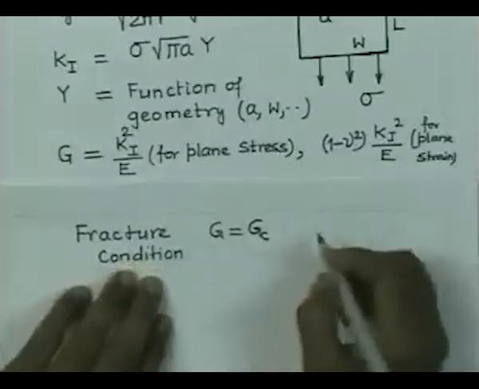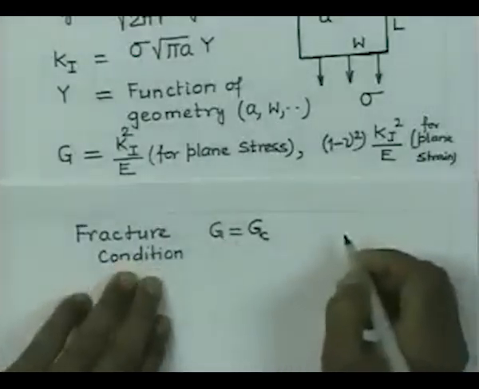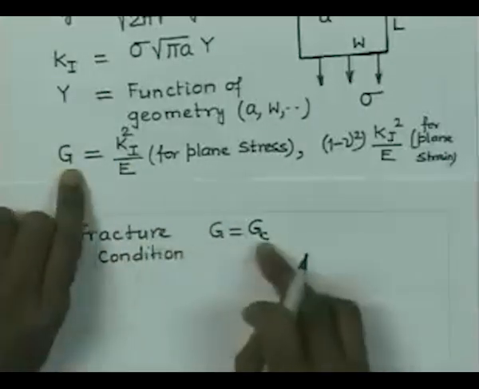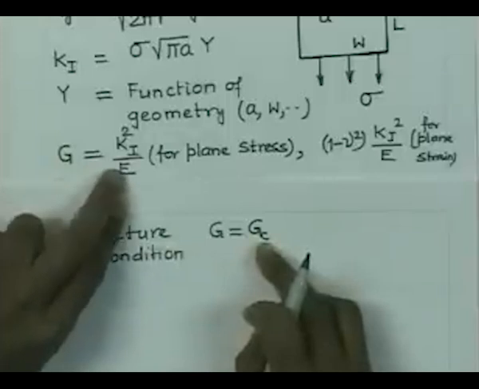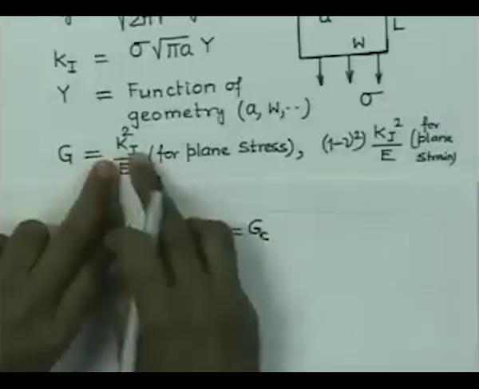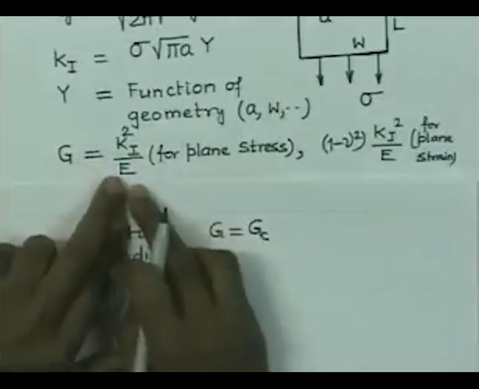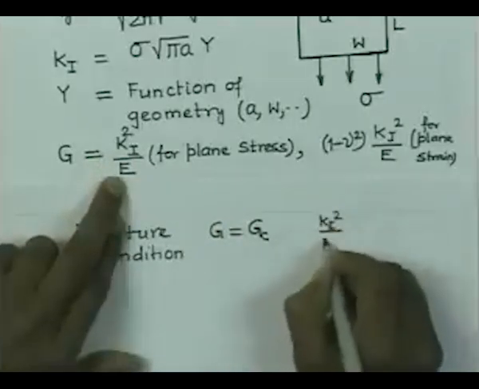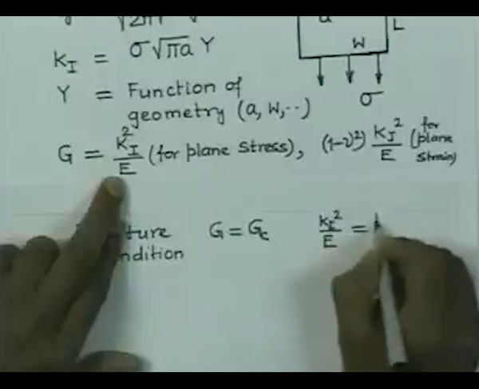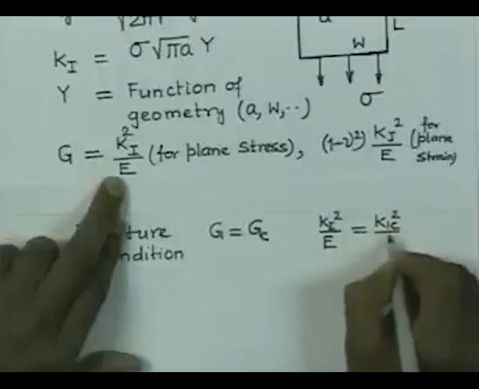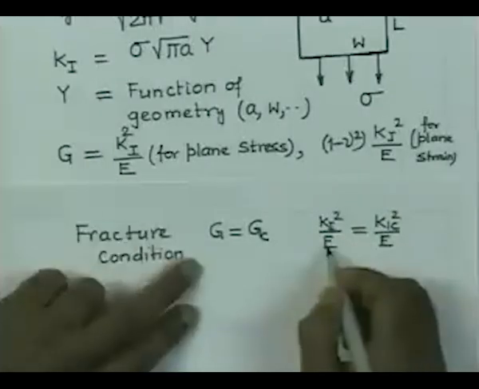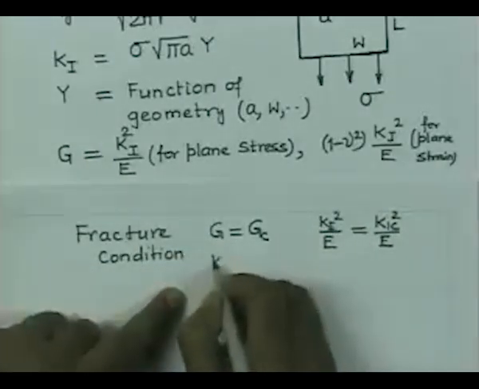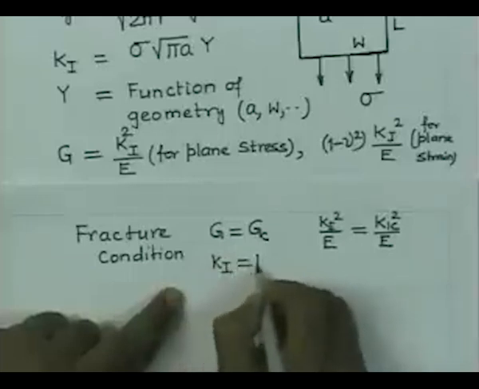Now, if G is given by Ki square by E, and at the onset of fracture G reaches a critical value, it is obvious to expect that Ki also reaches a critical value. So, at the onset of fracture, Ki square by E is equal to KIC square by E. This is G and that is GC. Therefore, at the point of onset of fracture we have Ki equal to KIC.